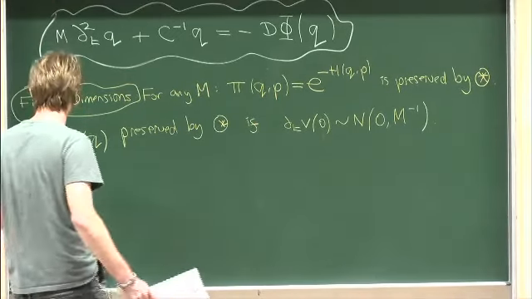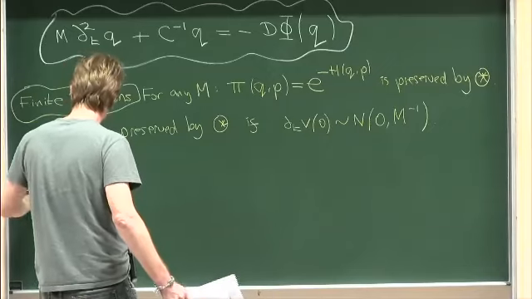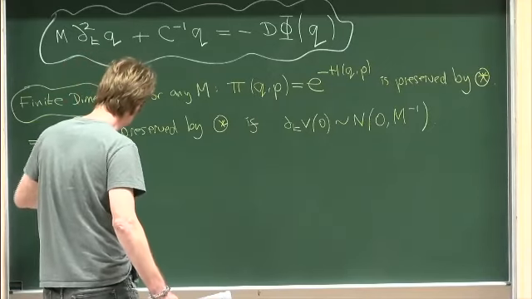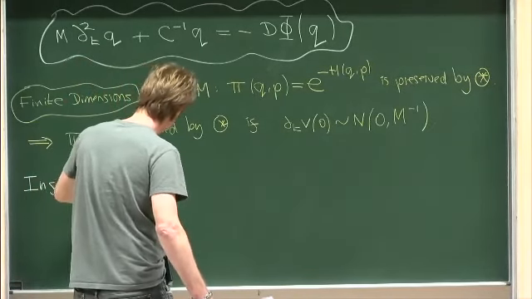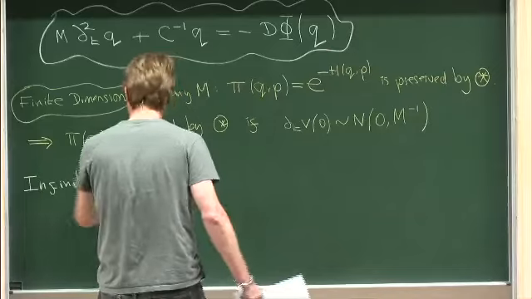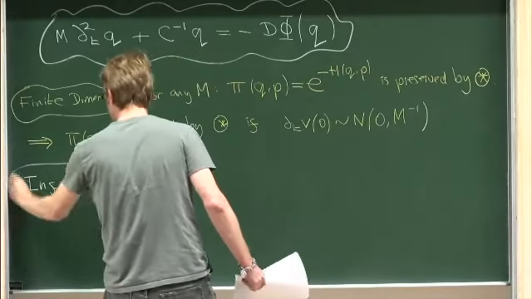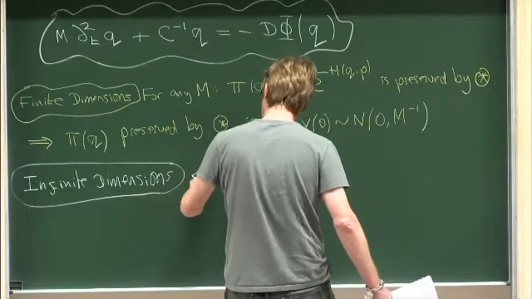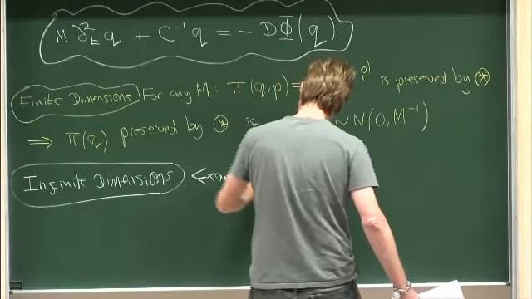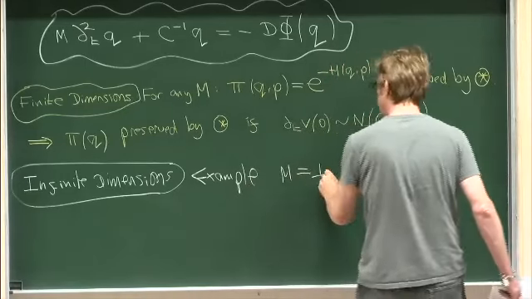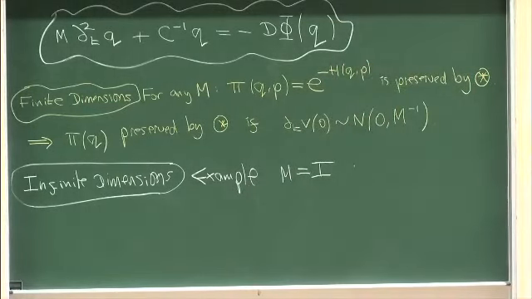But let's look at infinite dimensions, and let's look at our example and choose m equal to the identity, which might be a reasonable starting point.